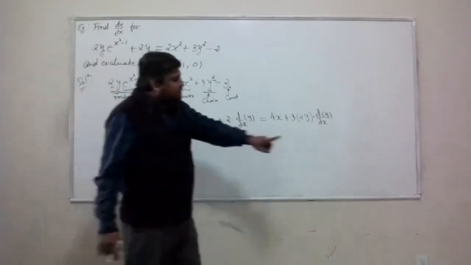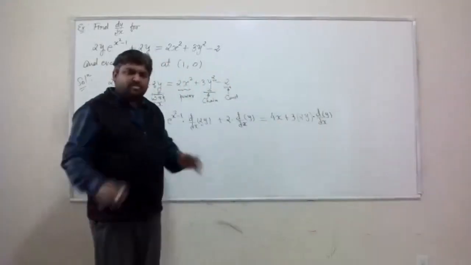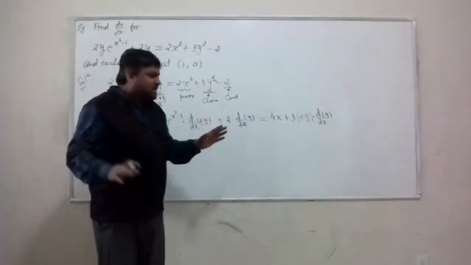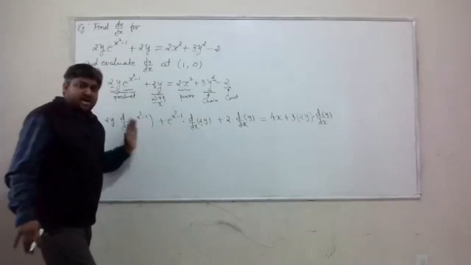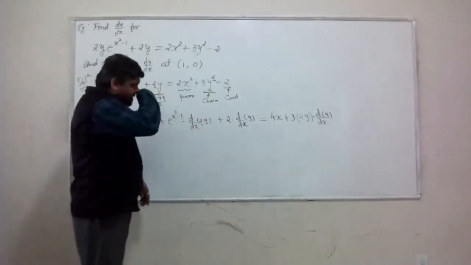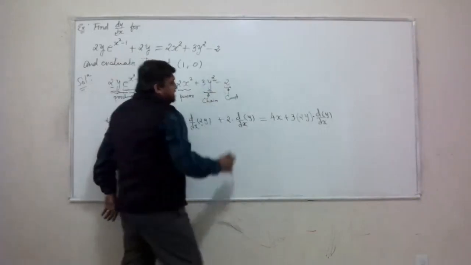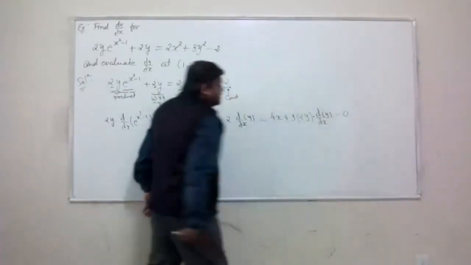Notice instead of using prime notation, I am using d by dx. That's the only difference, right? And as I said, you guys have practiced many problems, so this should not confuse you. Derivative of that constant is just 0.